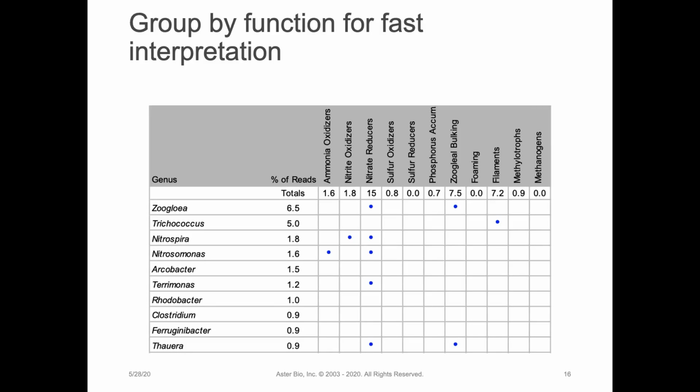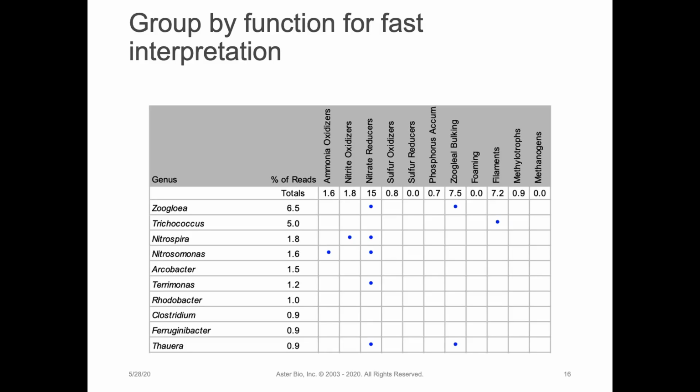So we try to group our bacteria by function so that you can interpret the results very quickly. Shown across the top here are the different categories of bacterial function that we often find in a system. And on the left side are the bacteria. So from this chart, you can tell that you have Zooglea present, and they happen to be nitrate reducers as well.